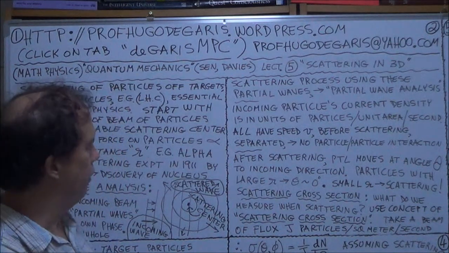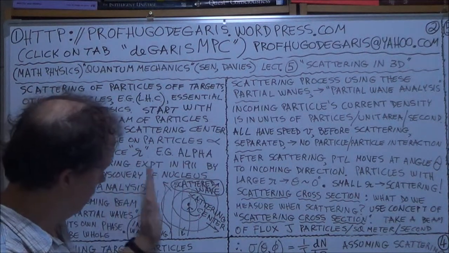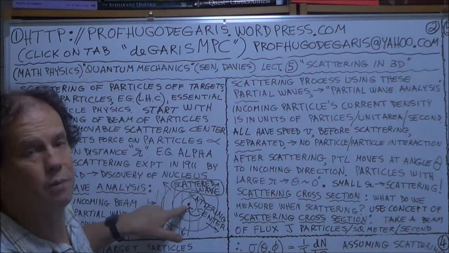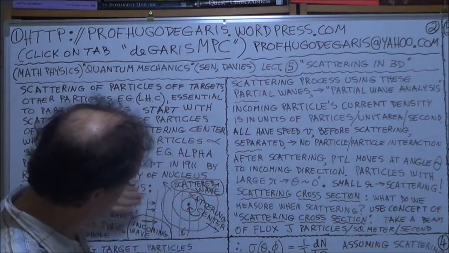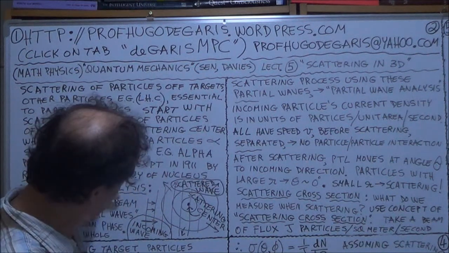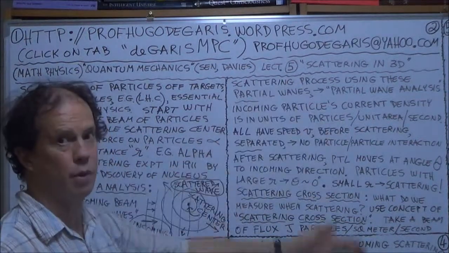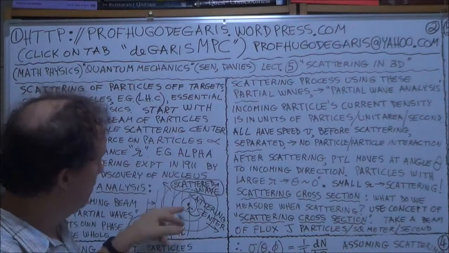Now, after the scattering, imagine a particle beam. A particle comes here, gets scattered by this scattering center, by the target, and then gets deflected. Imagine it gets deflected in the plane of this whiteboard, though it could be any direction at all.